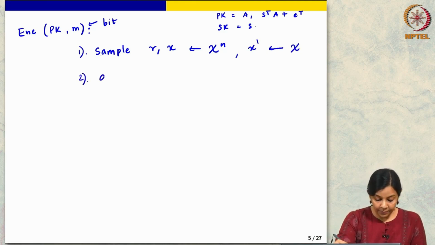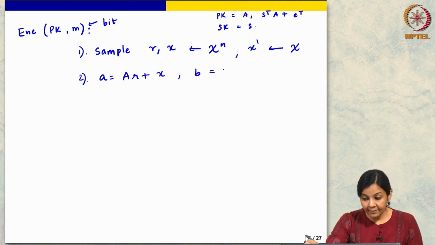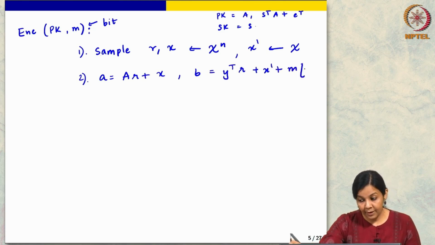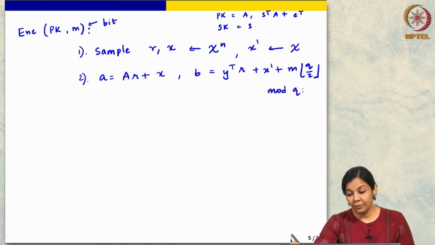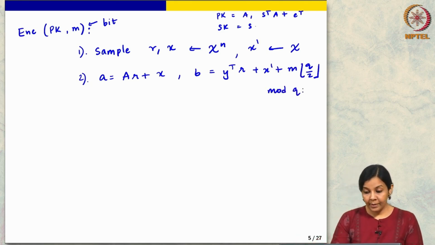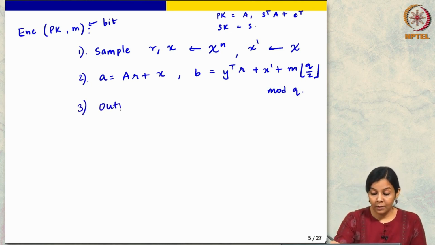Now compute A as AR plus X and B as Y transpose R plus X prime plus M Q over 2, all mod Q. And you output A comma B.